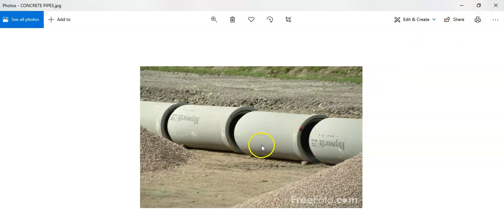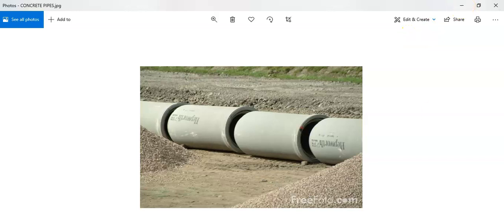And they come in the same system as the clay pipes. So you have them with an end and collar, or the socket and the end pipe.